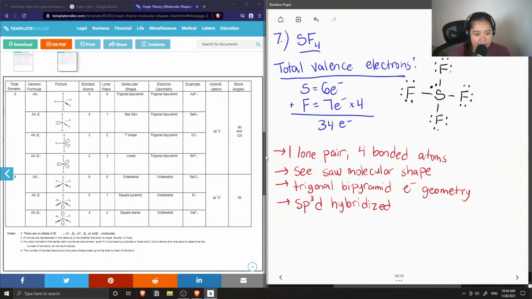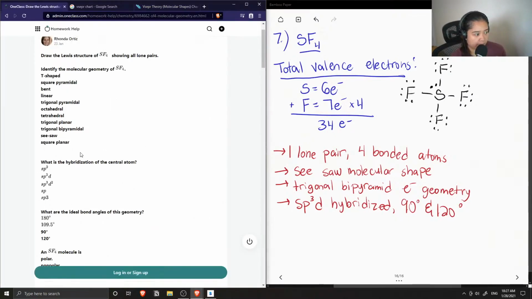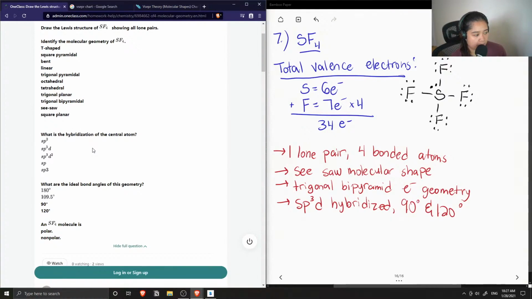So we count out 5. And when you have 5 charge clouds, this is sp3d hybridized. And finally, the bond angles are 90 degrees and 120. Okay, so that answers the first couple parts of the questions.